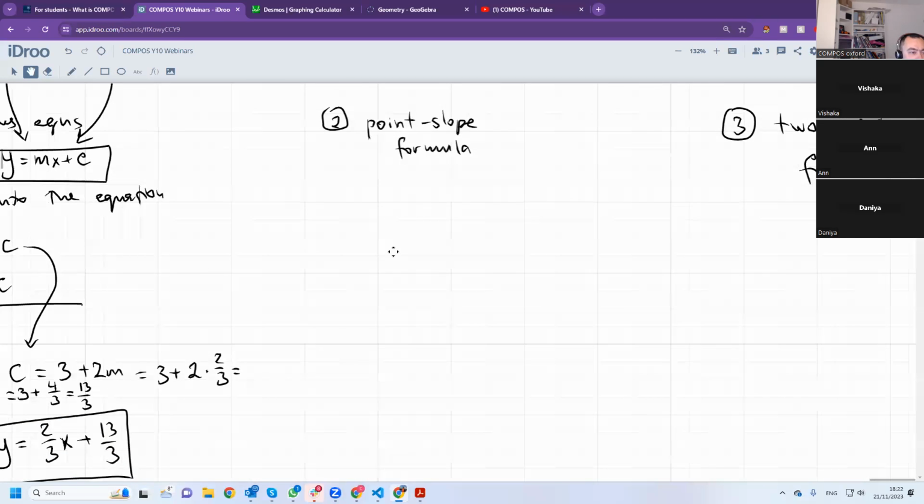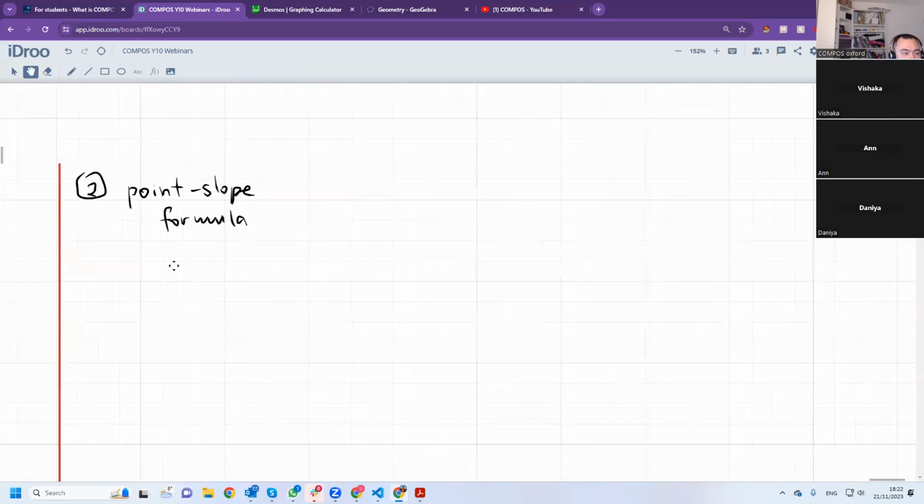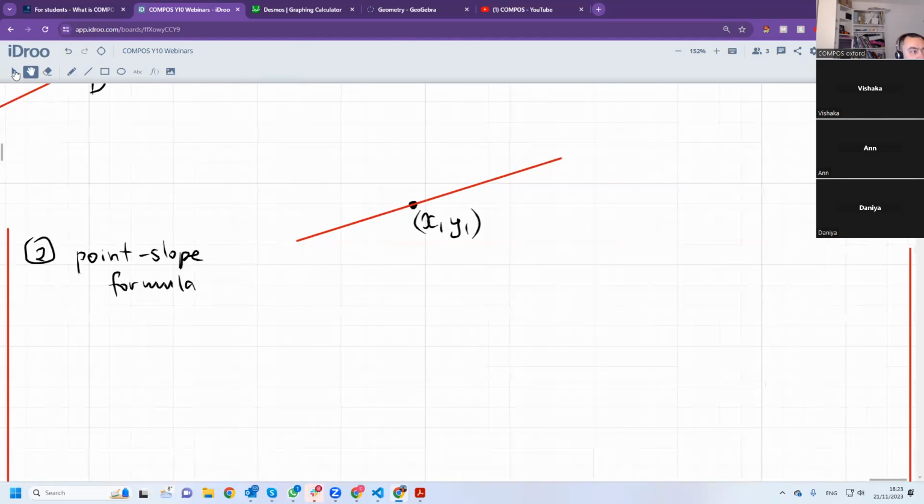Point slope formula. The point slope formula says that if you have a point x1, y1, and you have a line passing through it, and the gradient of that line is m, then the equation of the line is y minus y1 equals m times x minus x1.